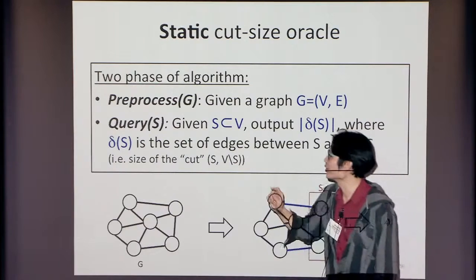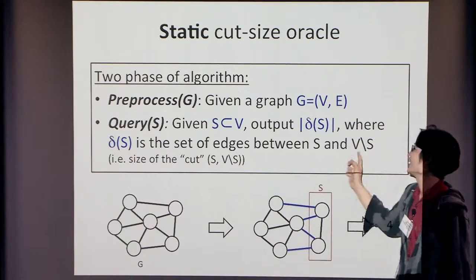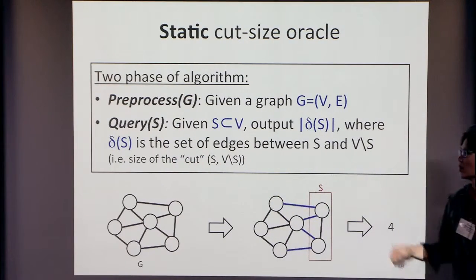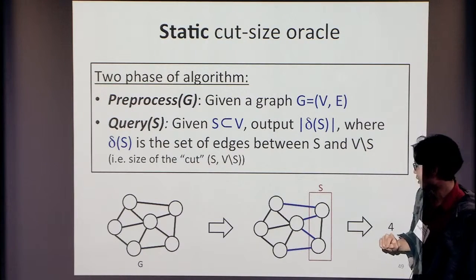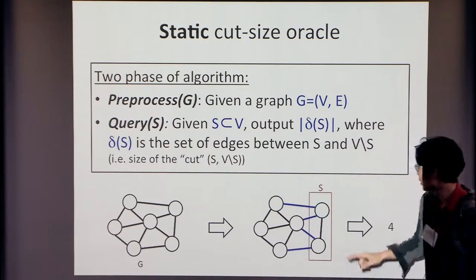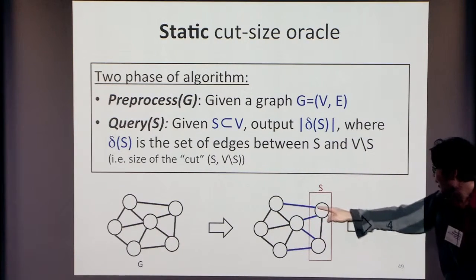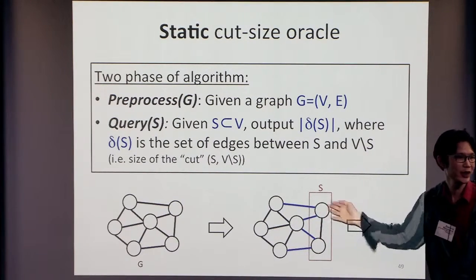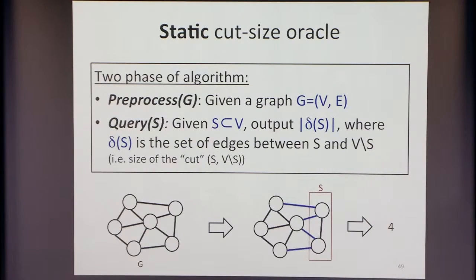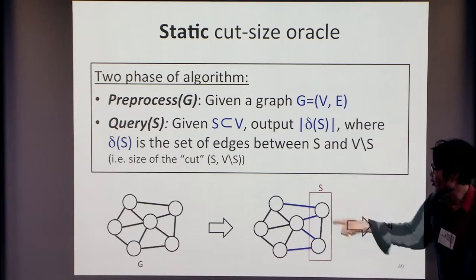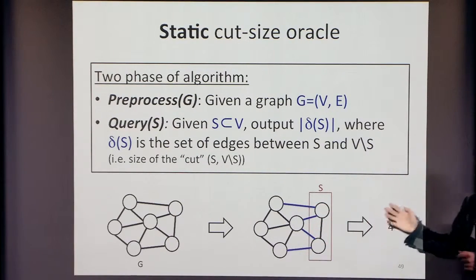It's defined here: delta S is the set of edges between S and V minus S. And this is the picture. If I have this graph, and S is here, then I have to answer 4, because I have these 4 edges crossing between S and V minus S. That's what we want to do for the static case: you want to quickly answer the number of edges between S and V minus S.